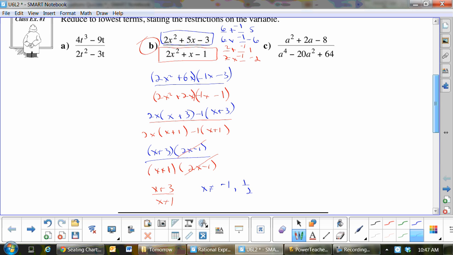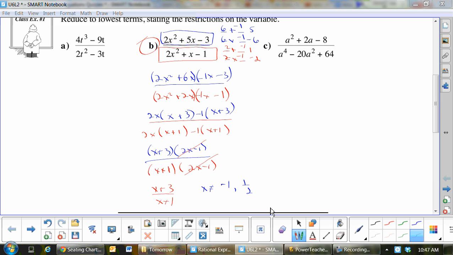Where would 0 be bad? 0 works for us. Yeah, but then this is minus this all, so this would still exist. So you want to get to the factored stage to do this. Does that make sense?